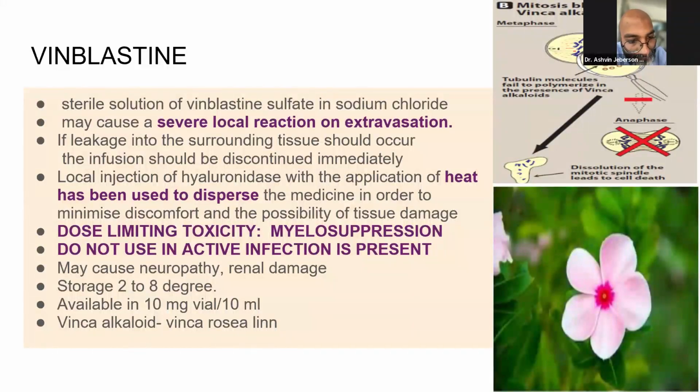Imagine the entire blocks falling down. That is called disassembly or depolymerization. That step is also normal physiology, required for the chromosomes to be pulled to the opposite ends. That's what happens in anaphase.